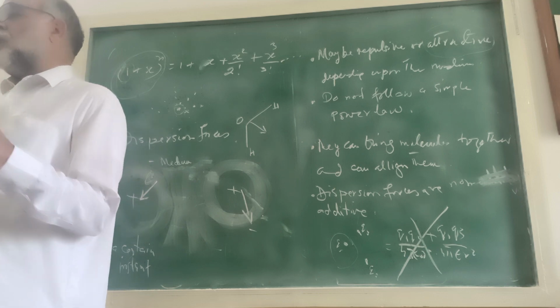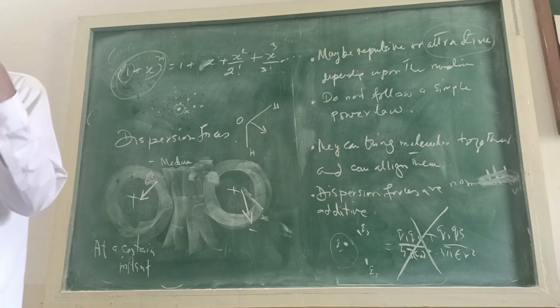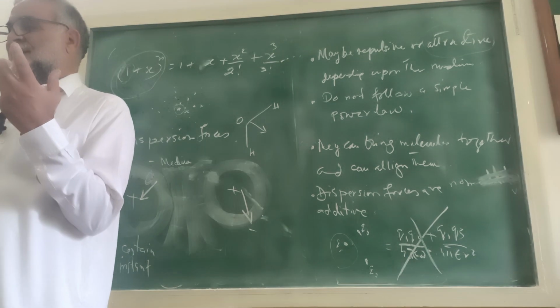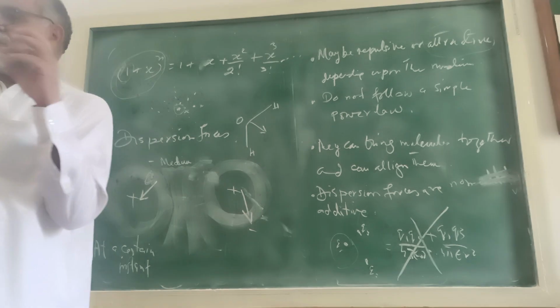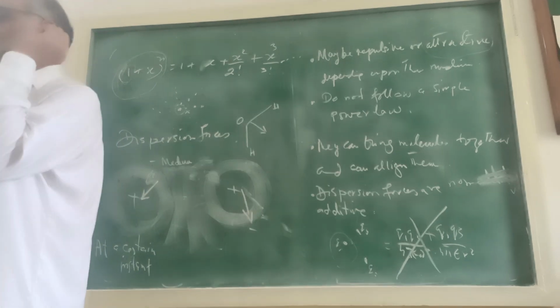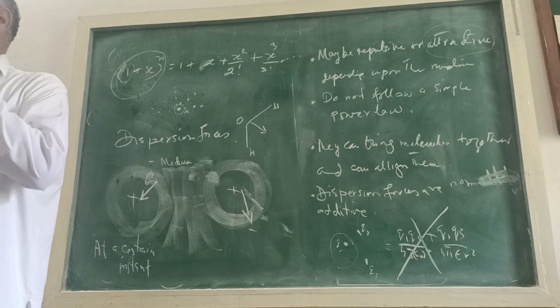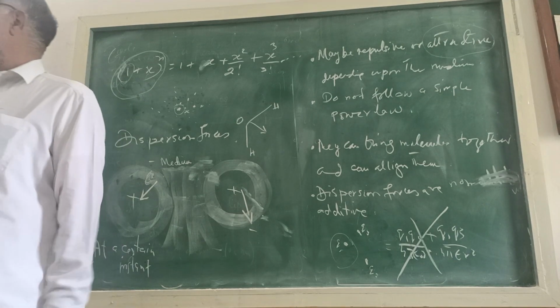So they are called London forces or dispersion forces, which depend upon the frequency. You put light through a prism and it changes into components, right?